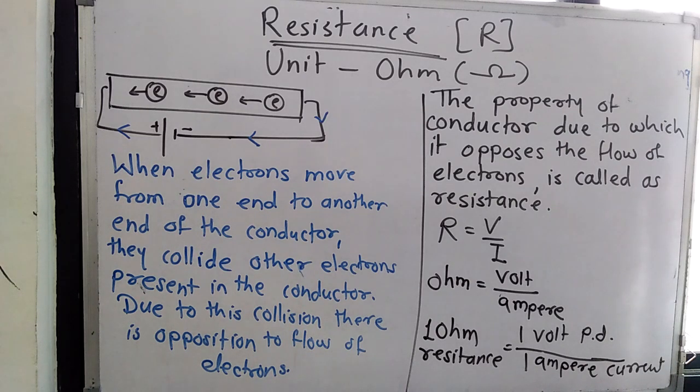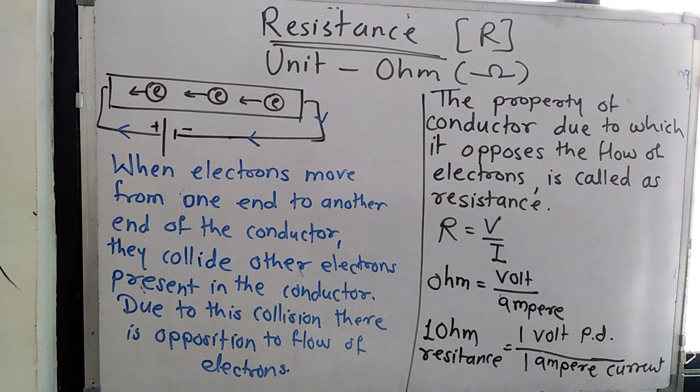Till now what do we say as a conductor and insulator? Substances through which electricity can flow are called conductors, and substances through which electricity cannot flow are called insulators. But now, what are the actual conductors and insulators? We have to define conductors and insulators on the basis of resistance.